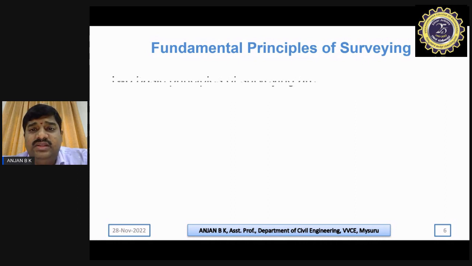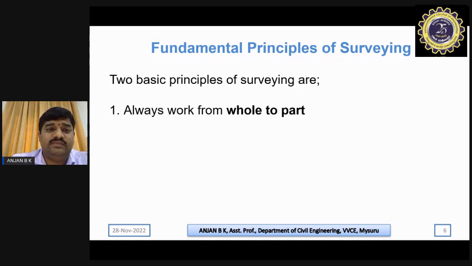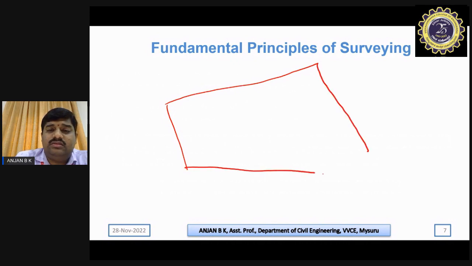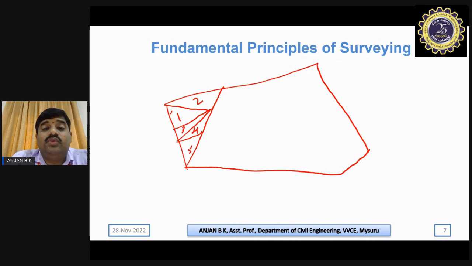What are the fundamental principles of surveying? There are two basic principles. One is that we always have to work from whole to part. We have a certain area, and we cannot measure the complete area in one stretch. To simplify our work, we divide the area into smaller parts, measure the area of these small parts, and by summing them up we get the total area.